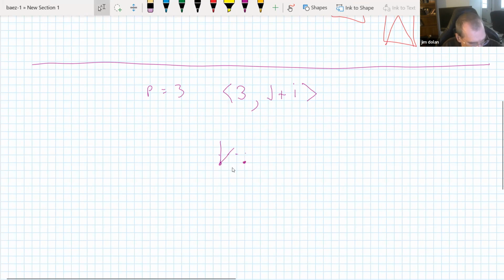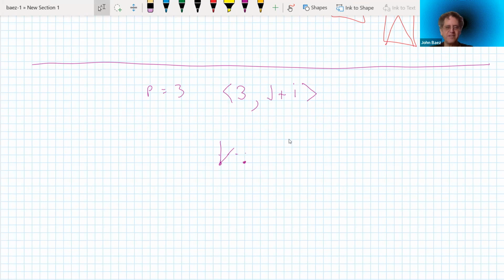So what am I trying to say? I don't know. Why do you want to include that? That's not going to be an elliptic curve, right? It's going to be some kind of infinitely squashed elliptic curve or something.